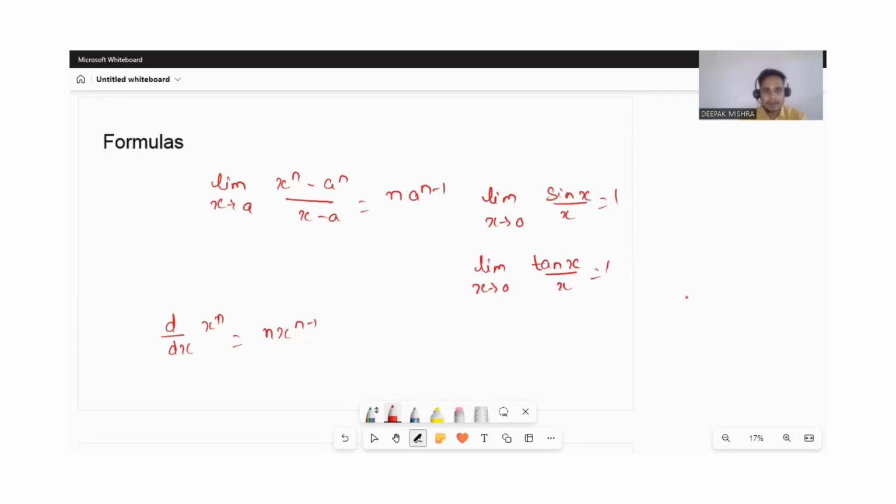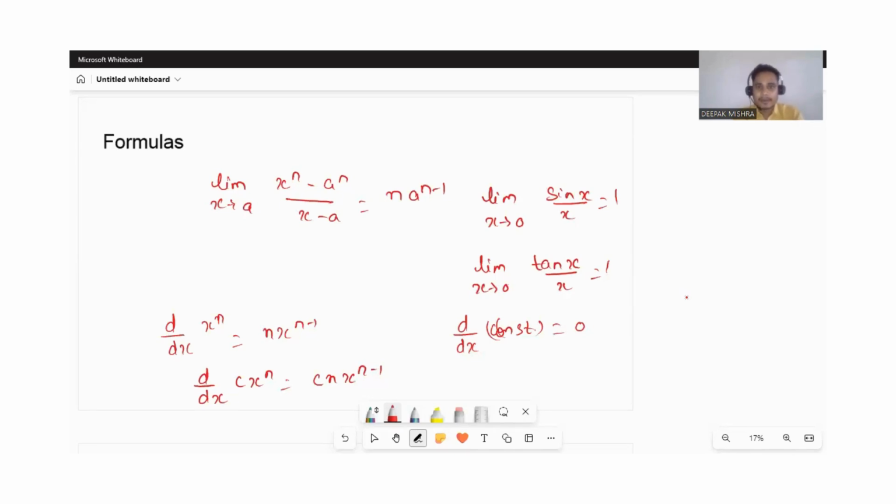Now suppose we have to find dy/dx of c x to the power n. Here c is a constant, and constant will remain constant, so we write c n x to the power n minus 1. Similarly, dy/dx of a constant function, any number, is always 0. Similarly we can also find f'(x) of trigonometric functions, like dy/dx of sin x is cos x.